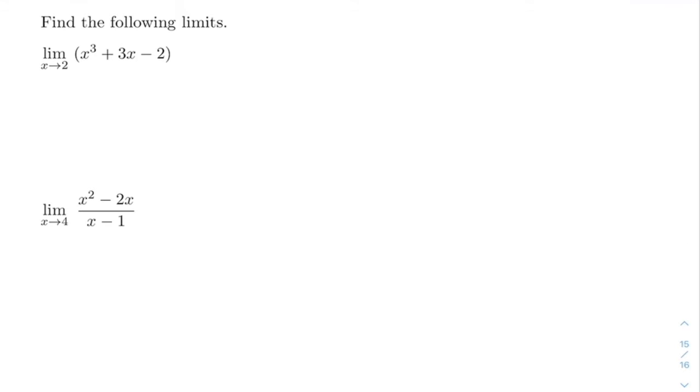So let's use these properties to actually compute some limits. So let's do the first one. The limit of the function x cubed plus 3x minus 2 when x goes to 2. So first of all, we can use property number 3 that allows us to separate sums.